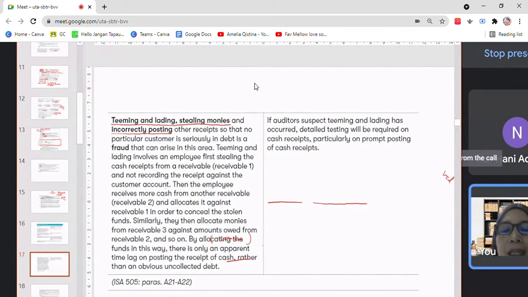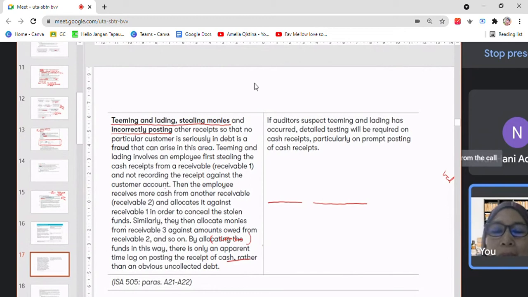Then the employee receives more cash from another customer, account receivable 2, and allocates it against receivable 1 in order to conceal the stolen funds. So when customer number 2 pays, you record it in customer number 1's account to conceal the stolen funds.